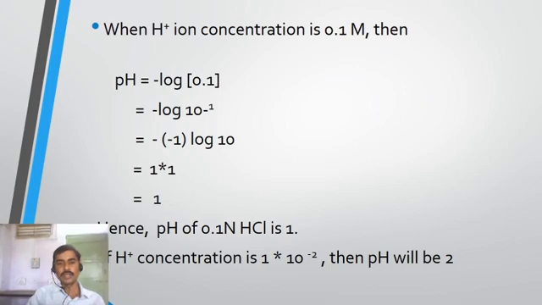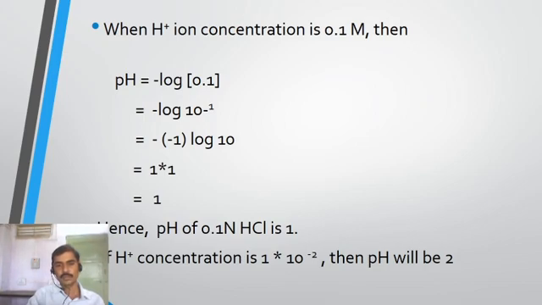The term 0.1 is converted into 10 raised to minus 1, and by applying the logarithm rule, log a raised to b, the equation becomes pH equal to minus log of 10 raised to minus 1.